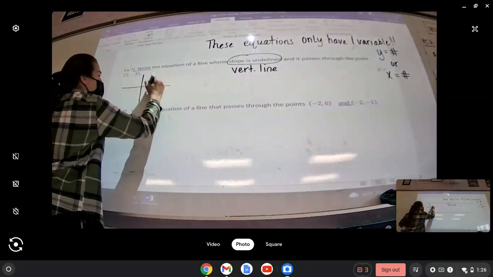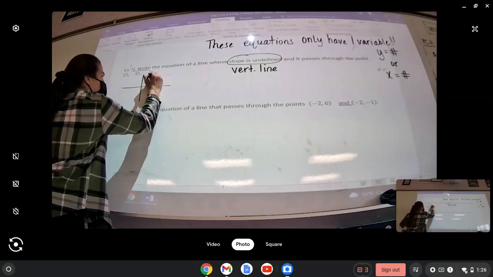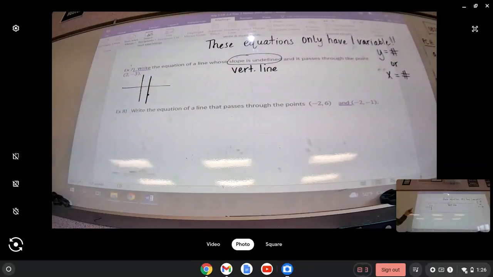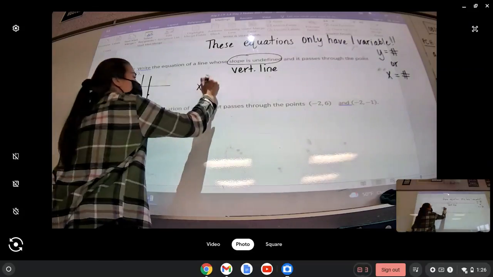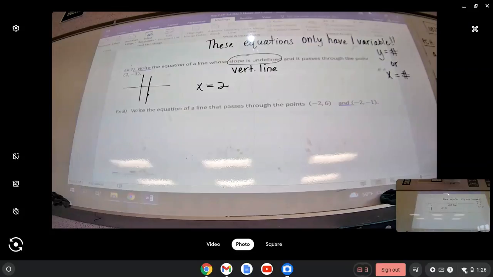So picture it. Right 2, down 3, vertical line. Guys, on that line, start thinking about all the points and what you would label them as. Which coordinate never changed? X. And who is the x coordinate of that point? So then that means every single point has an x coordinate of 2. So that's the line, x equals 2.